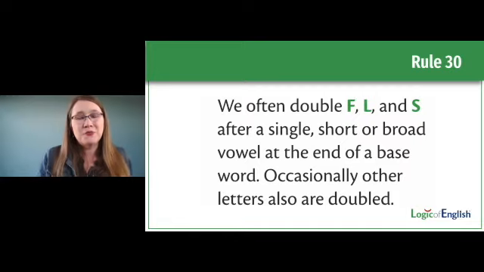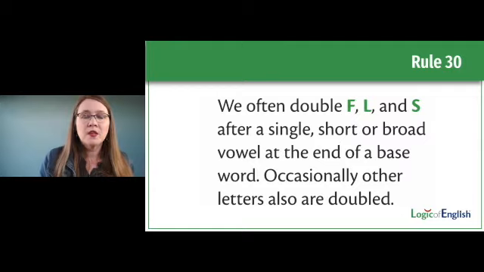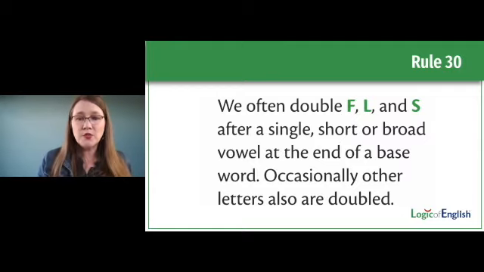Let's learn another rule. This rule isn't as necessary for being able to decode words. However, it's very helpful to understand for being able to spell words. We often double F, L, and S after a single short or broad vowel at the end of a base word. Occasionally, other letters are also doubled. Let's read it together again.